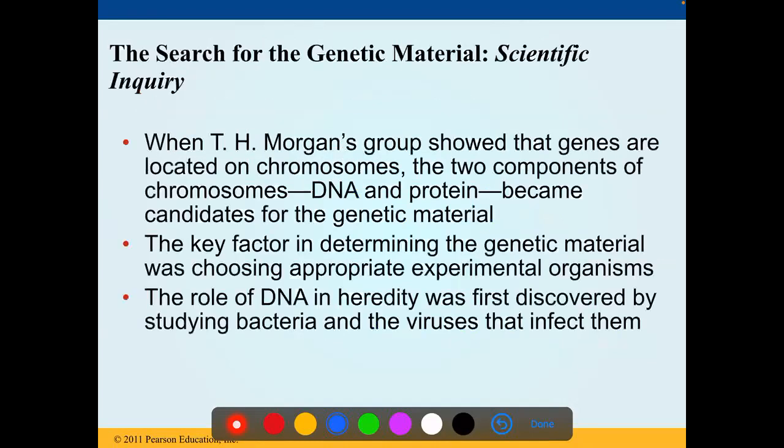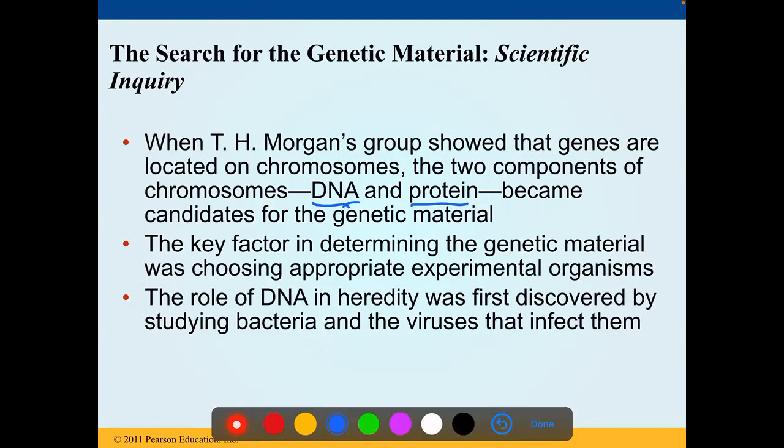So let me go back. Okay, I'll go to the next one. T.H. Morgan pointed to the chromosome, and we know that DNA and protein are in the chromosome. So one or the other is the genetic material. I heard that people didn't pay much attention to DNA. DNA is a linear structure.